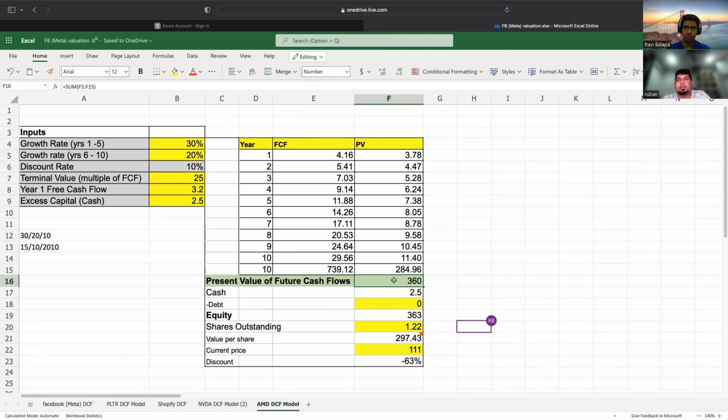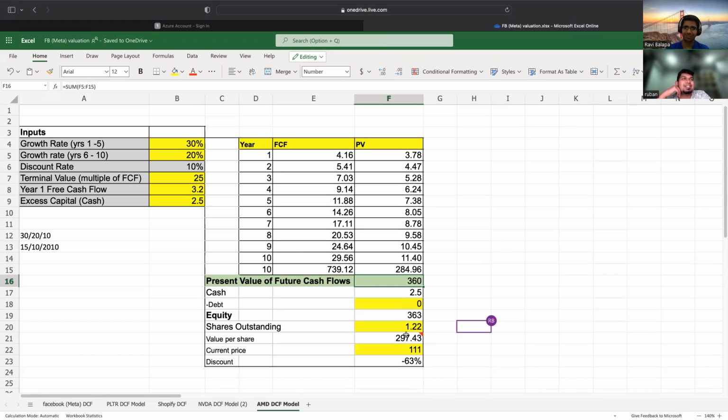The business valuation, excluding the cash in hand, is $360 billion. Adding the cash in hand, the equity comes to around $363 billion. The shares outstanding are 1.22 billion, so we divide and get a share price of $297.